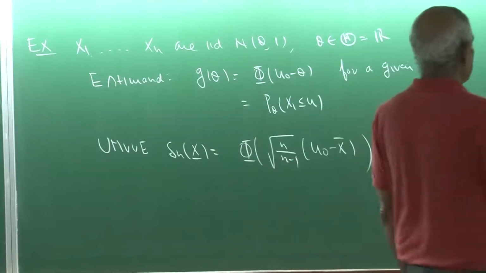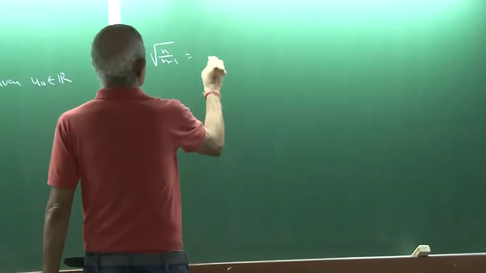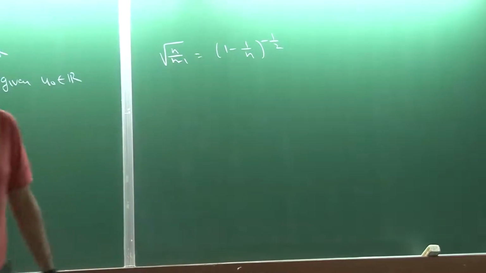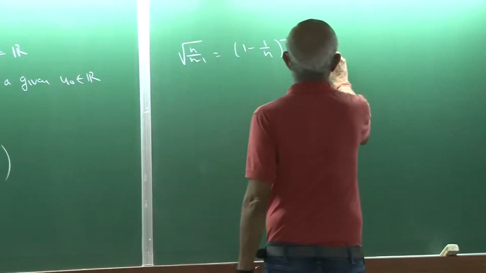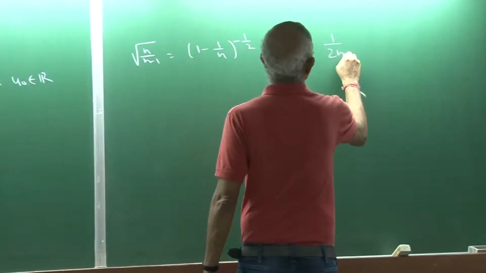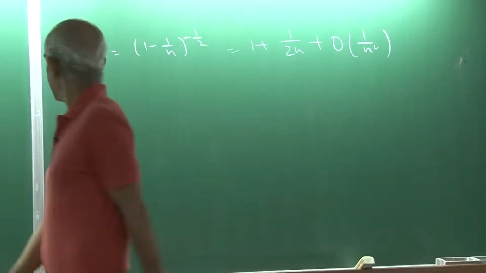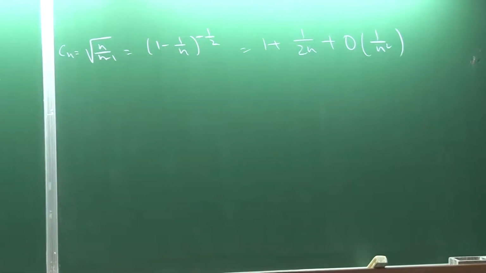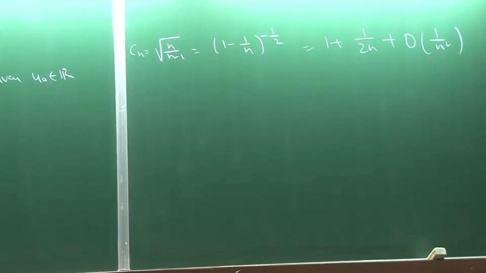So first, let us try to see what root n upon n minus 1 is. This is nothing but 1 minus 1 by n to the power minus half, which is nothing but 1 plus 1 by 2n plus big O 1 by n square. So it is the Cn of the last type where a is 1 upon 2, because it is 1 plus 1 by 2n plus big O 1 upon n square.